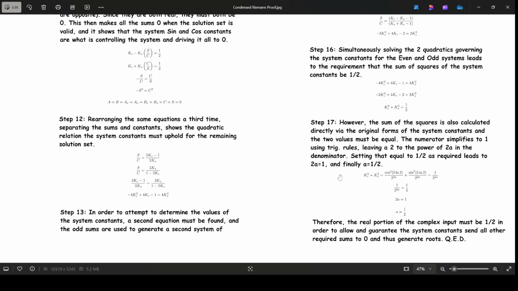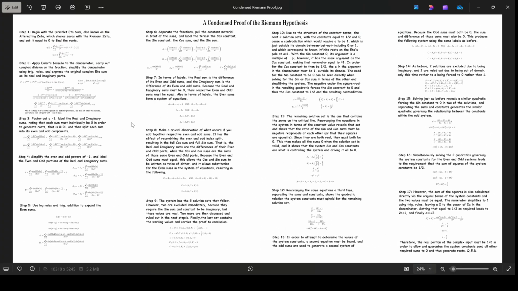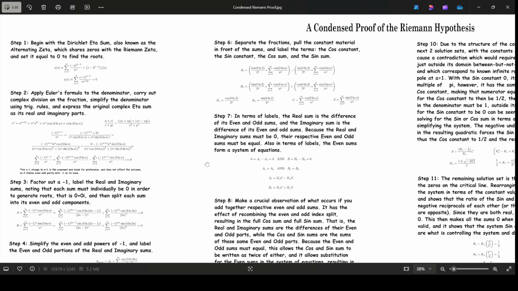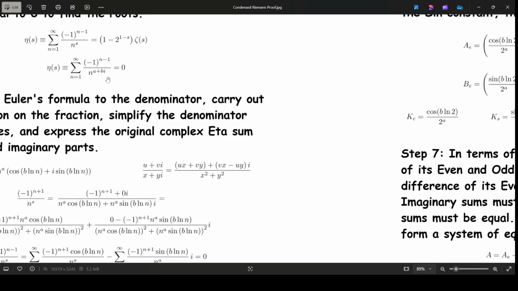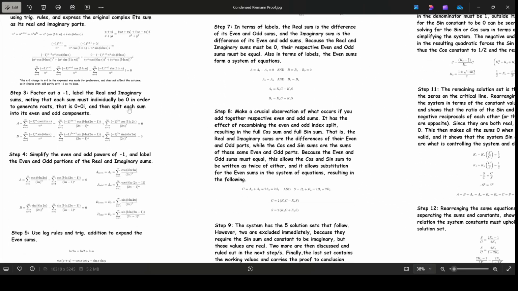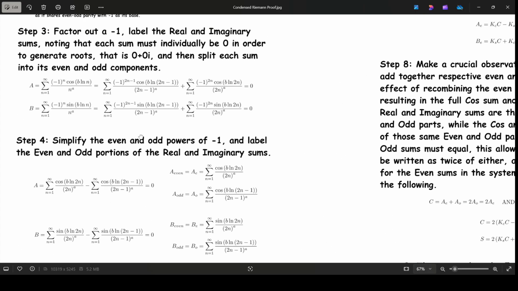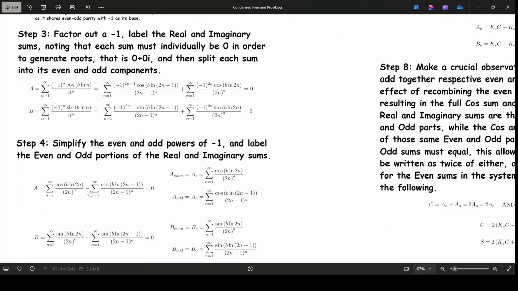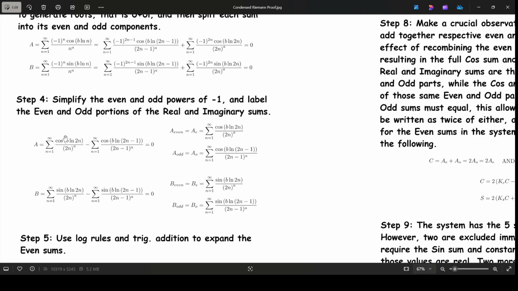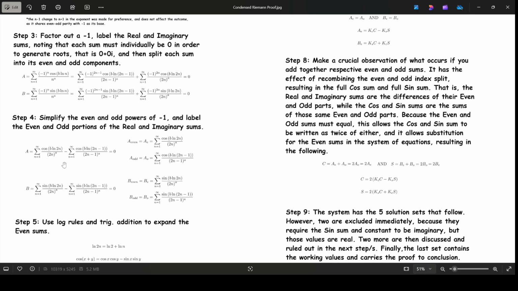And so there's the proof and my take on the Riemann hypothesis and why the real portion has to be 1/2. And to re-summarize the logic, you just start with the eta sum. You expand it into its real and imaginary parts, a and b. You split those into their even and odd portions of their index.